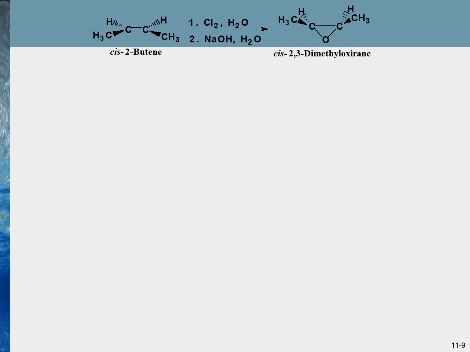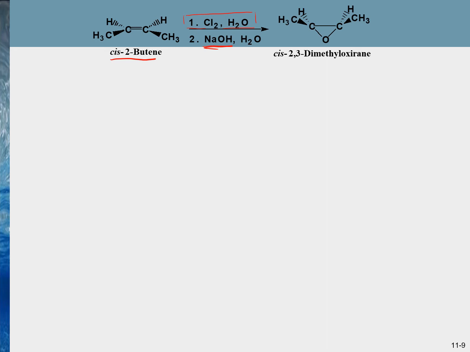In this reaction, where cis-2-butene is converted to an epoxide, the reaction will take place in two steps. In first step, addition of chlorine and water to the double bond will result in formation of a halohydrin, and in the second step, the reaction with a strong base such as sodium hydroxide will convert that halohydrin to the epoxide.